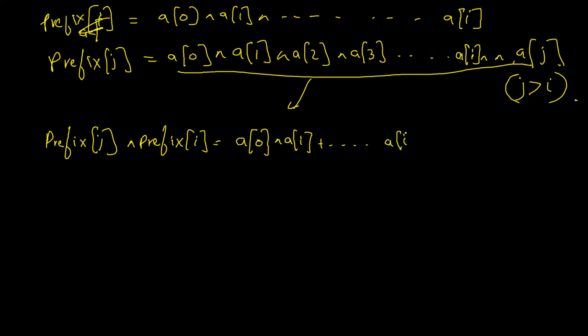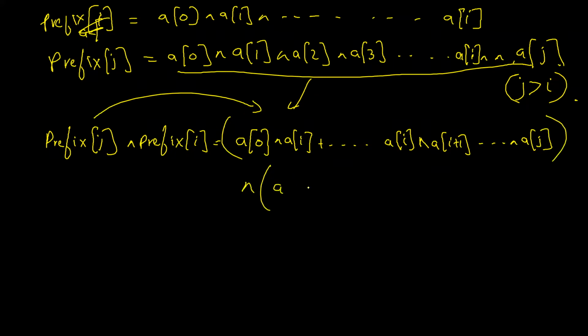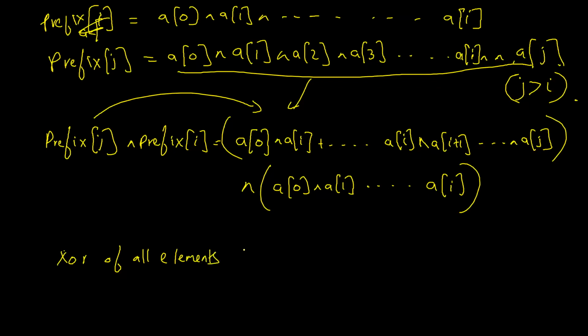Prefix of I plus 1 till prefix of J, ठीक है, XOR A of 0, XOR A of 1, in that way, A of I. Can you see कि अगर मुझे बस XOR of all elements from I plus 1 to J चाहिए, ठीक है, तब मैं J को और I का prefix को XOR कर दूंगा, you can see that these elements are XORed twice, right?